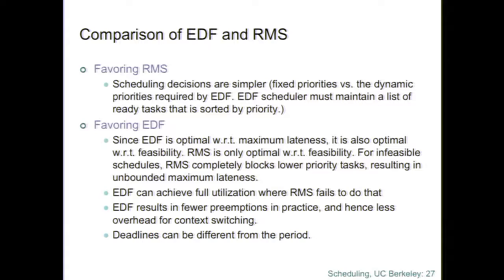I'll try to state it carefully: Liu and Layland proved a theorem that says that if you have an arbitrary number of tasks, but the total execution time of all of these tasks over the long term doesn't consume more than 69.3% of the CPU cycles available, then the rate monotonic schedule is always feasible.